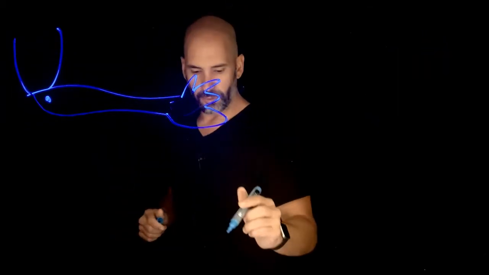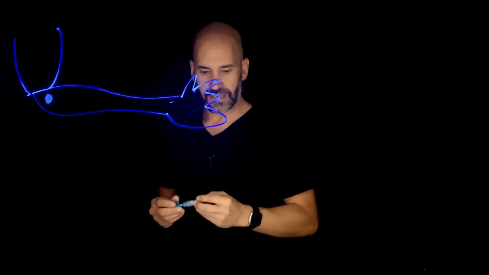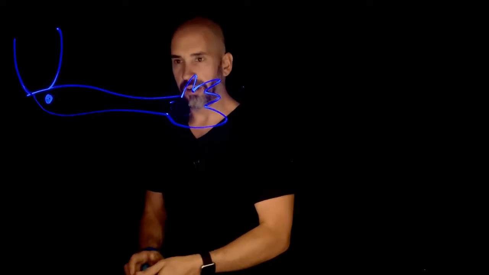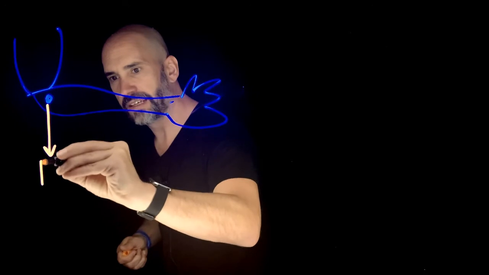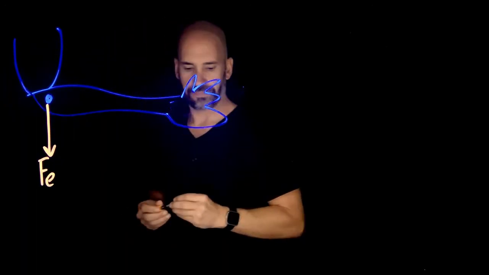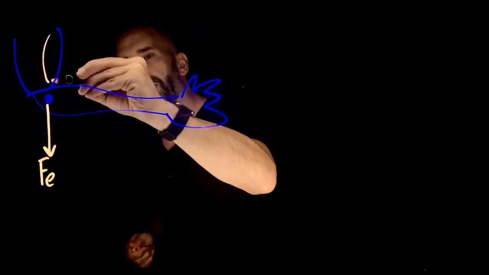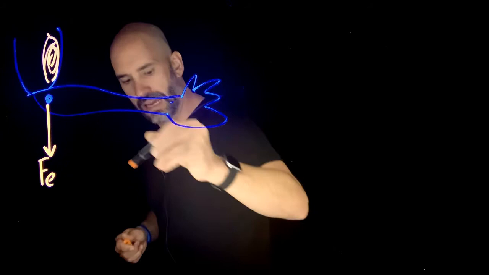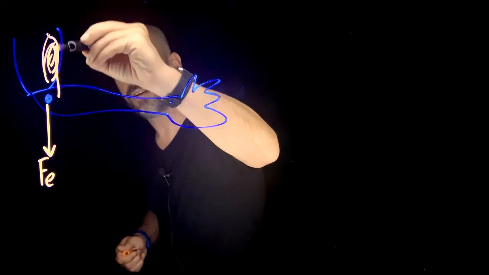And so this is the elbow right here, and you see there's a bone acting on it. There's actually going to be a force of that bone acting on the elbow, so I'm going to call that FE for elbow force. You also have this bicep muscle here, and that bicep muscle is applying a force to the arm very near to it.